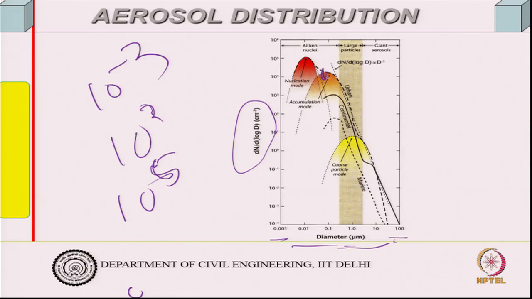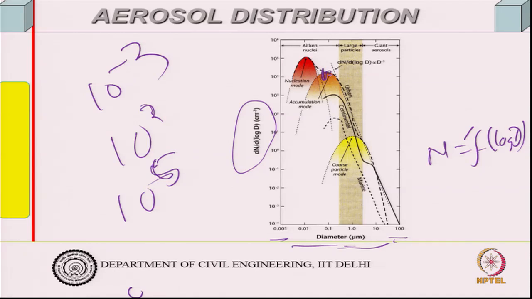So, the maximum number of particles will be here, because N is a function of log d. So, dN/d log d where it is 0, this peak, is where the maximum number of particles would be.